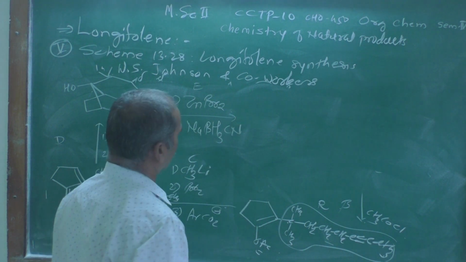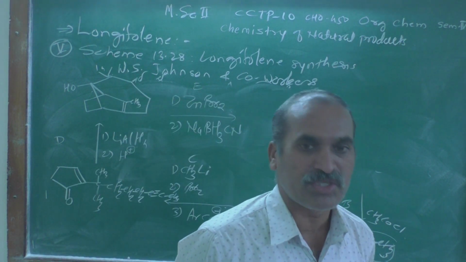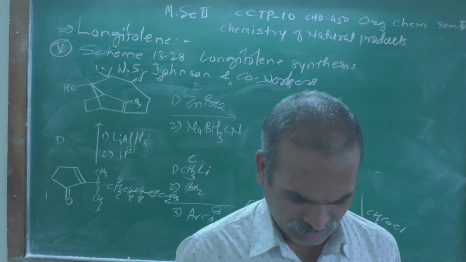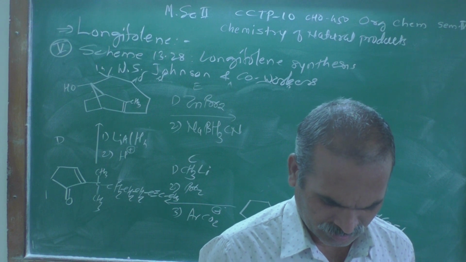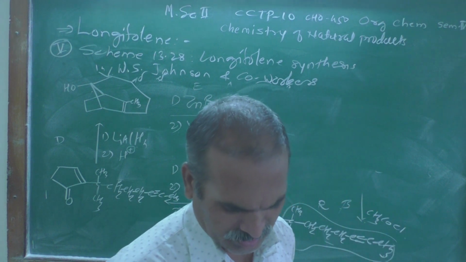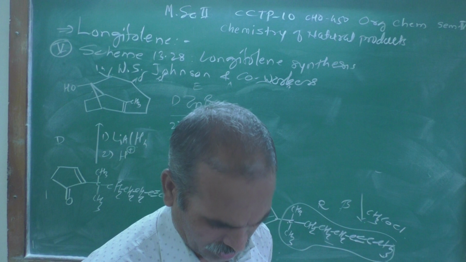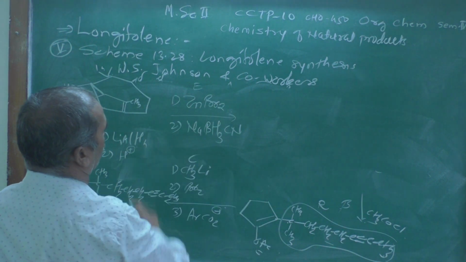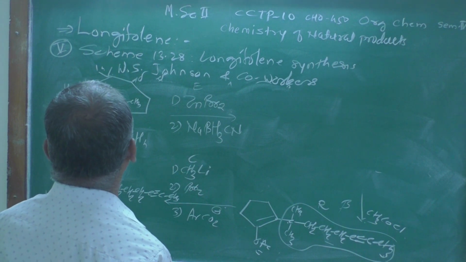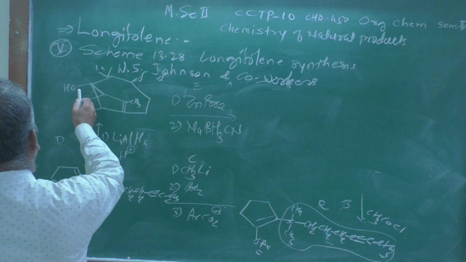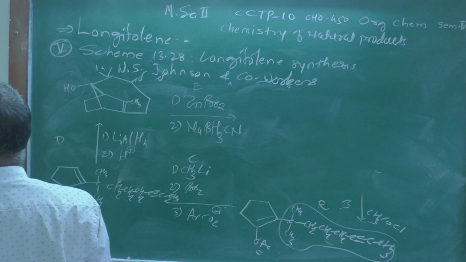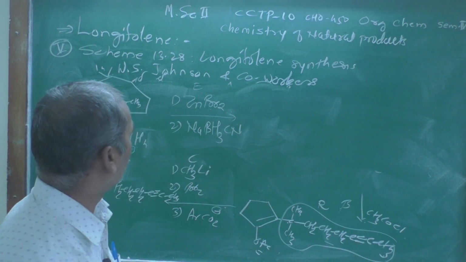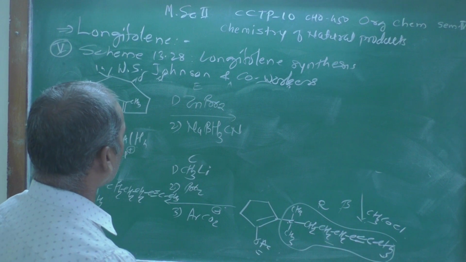It is one of the reducing reagents which selectively reduces the carbon-carbon bond using this reagent, particularly ZnBr2 and NaBH3CN. It selectively, reductively removes a hydroxyl group from the target molecule. So that is a specialty.